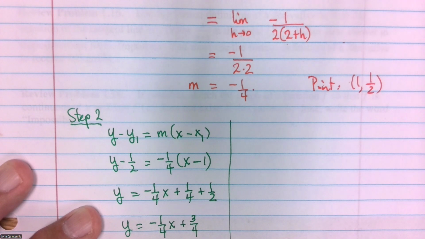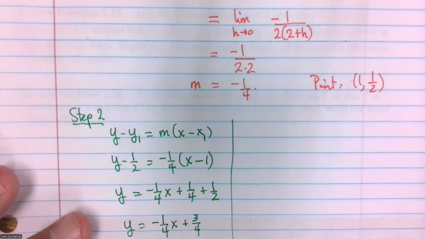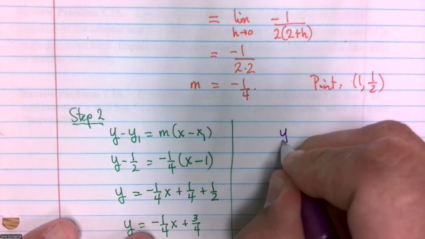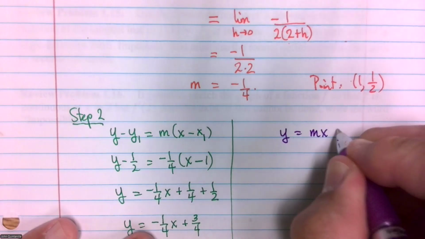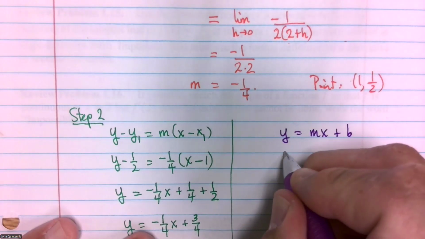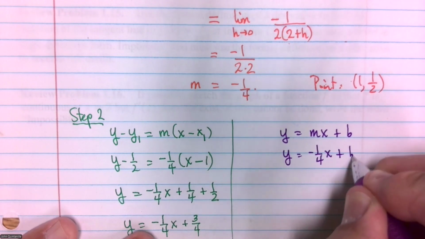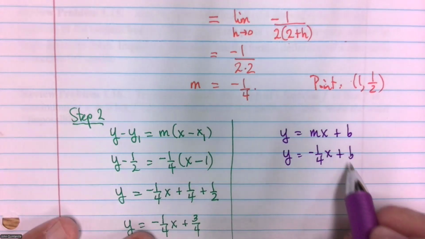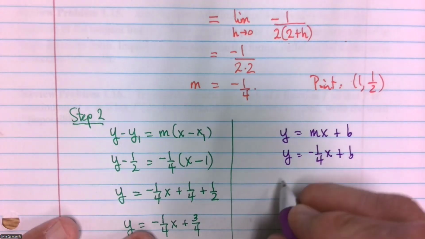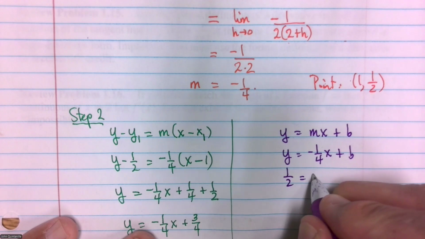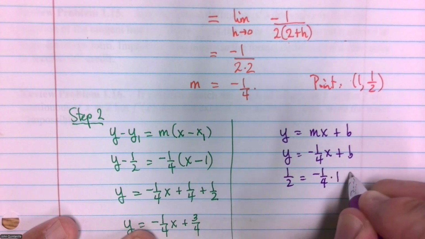A second way of going about finding the equation of the tangent line, which depending on where you went to school might have been what you were taught, is to start off with y equals mx plus b. And I know my m is -1/4. And then to solve for b, we plug in the point here. So 1/2 is supposed to be equal to -1/4 times 1 plus b.